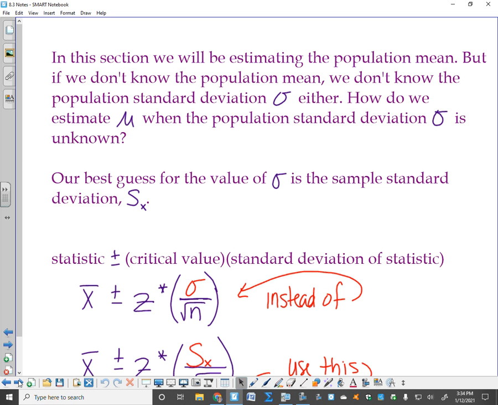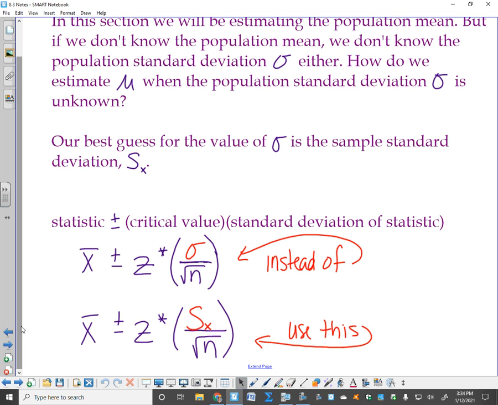Our best guess for the value of sigma is the sample standard deviation S sub x. So if we don't know mu, we don't know sigma. But if we don't know sigma, then the next best thing is S sub x, the standard deviation from the sample.